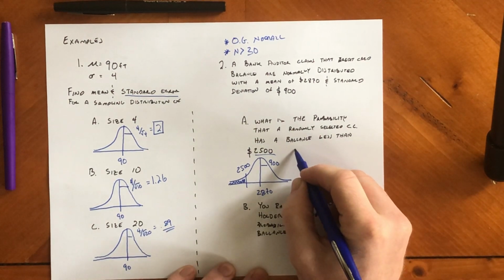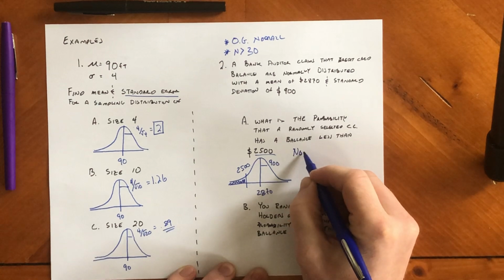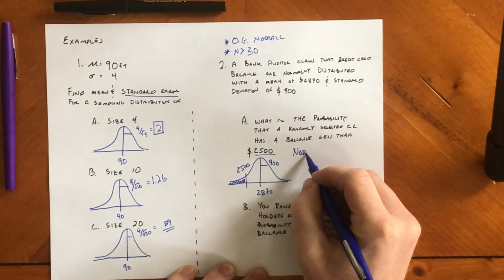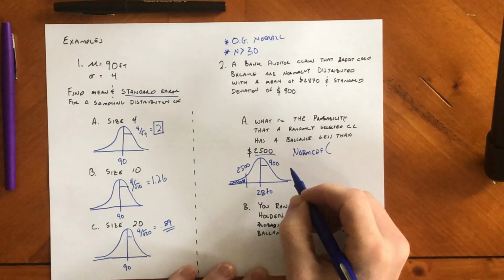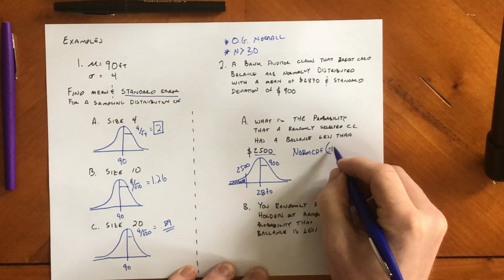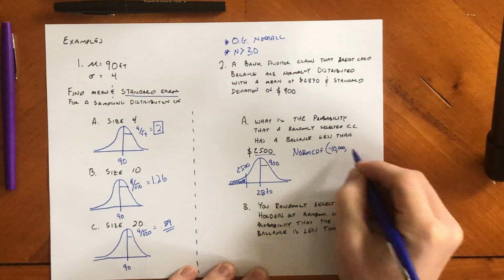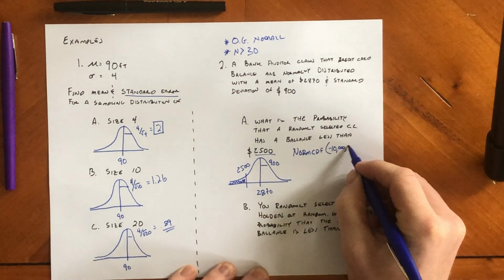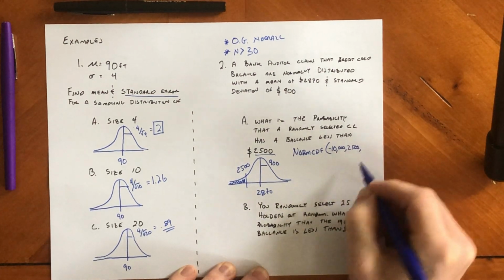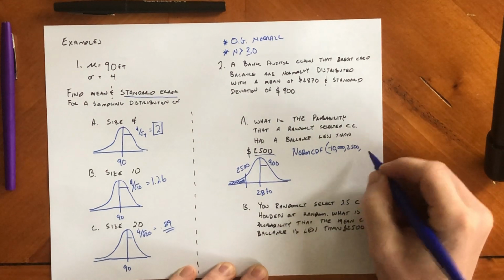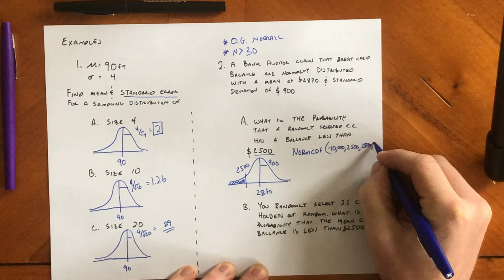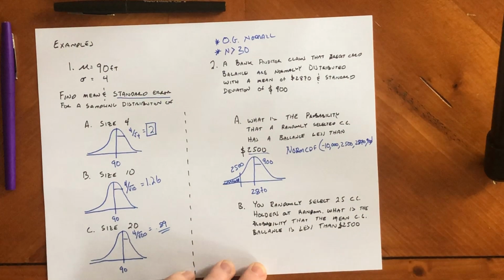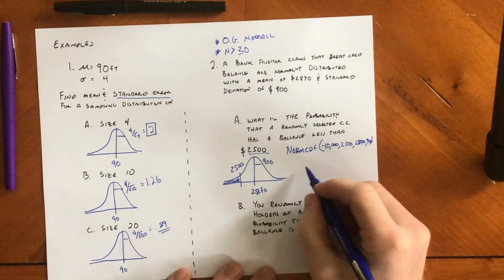But I would probably just do normal CDF because we're looking for a percentage. The low bound, we want something really small, like negative 10,000. The high bound, 2,500. And then the mean, 2,870, and the standard deviation, 900. That will give me the probability.